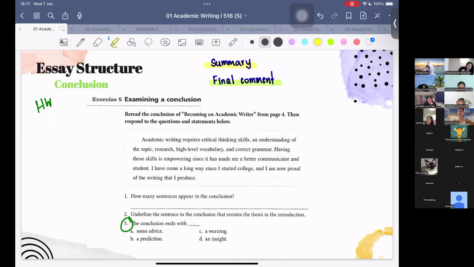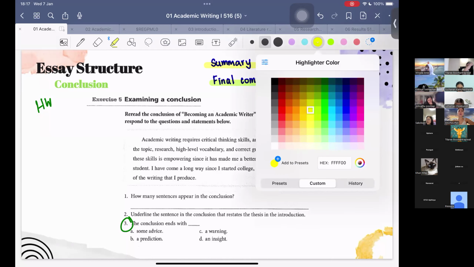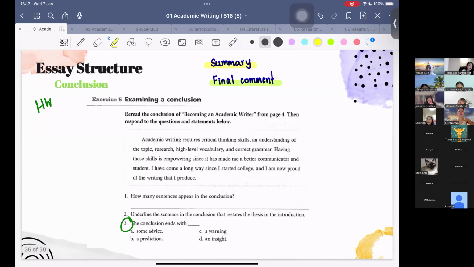Okay, so start off with the summary first. The summary is quite clear. The first sentence here is the summary, where the topic is academic writing. This is the topic.